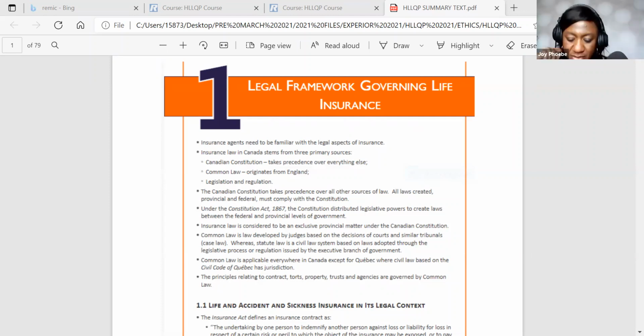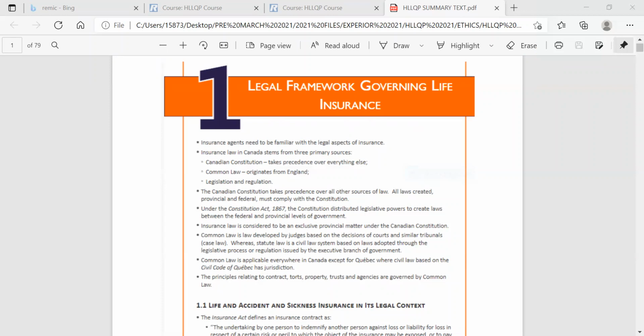So irrevocable beneficiary stands for a beneficiary that cannot be changed without the approval or consent of that beneficiary. If I'm named irrevocable beneficiary, nobody can change me unless I approve it, unless I say I would like to be changed as the beneficiary.